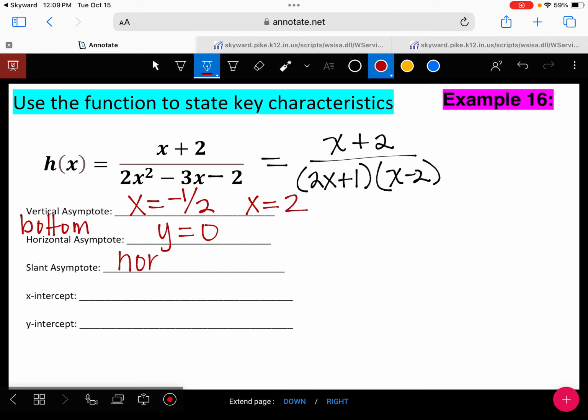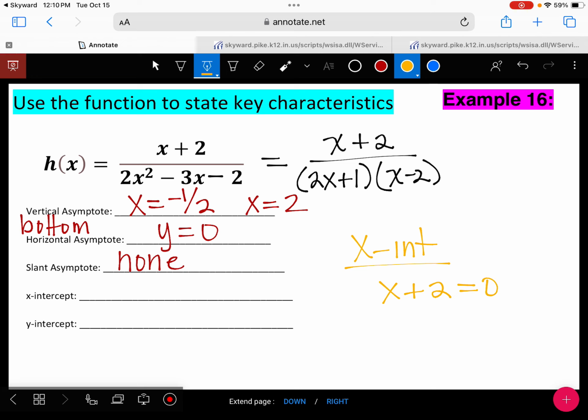No. Your x-intercept comes from the numerator. So I'm going to take my numerator, which this time is x plus 2. So let me do this off to the side. Hold on, let me change colors. So my x-intercept comes from the numerator. Take the x plus 2, set that equal to 0.